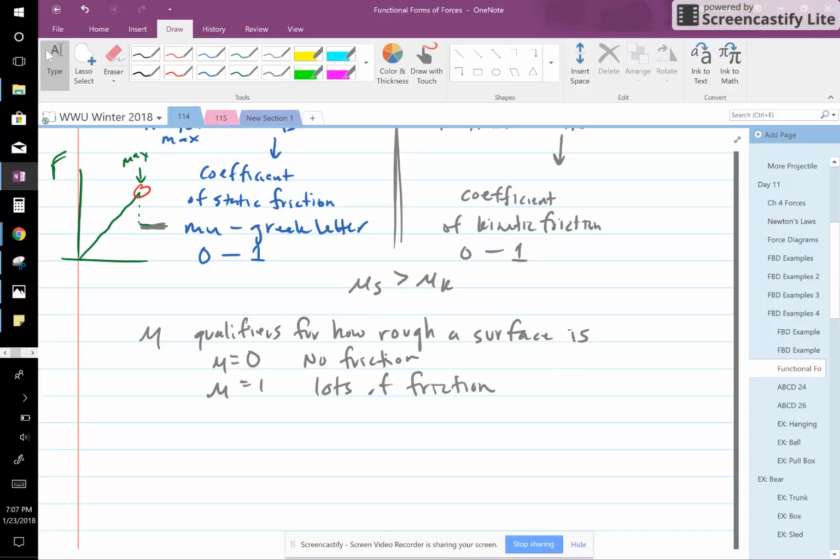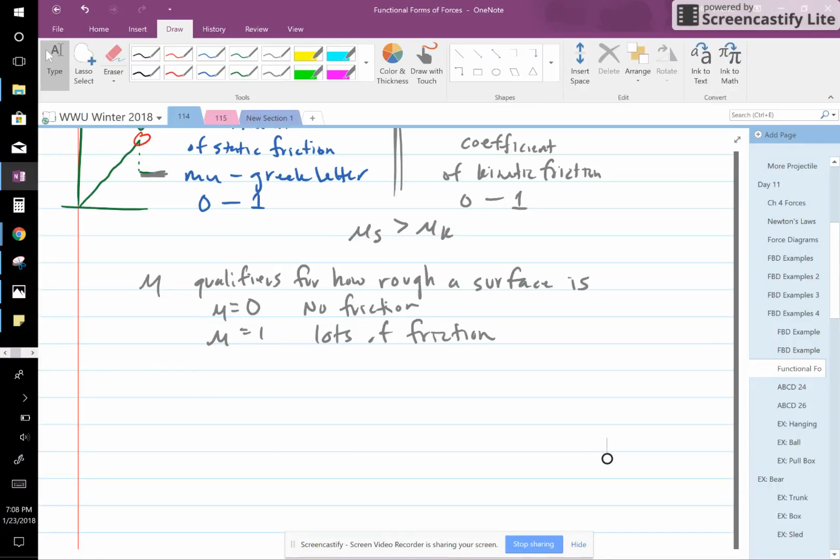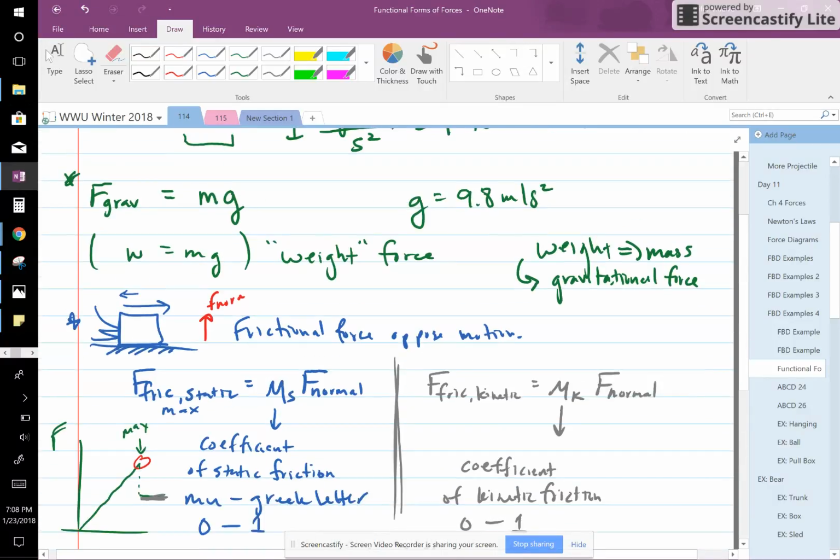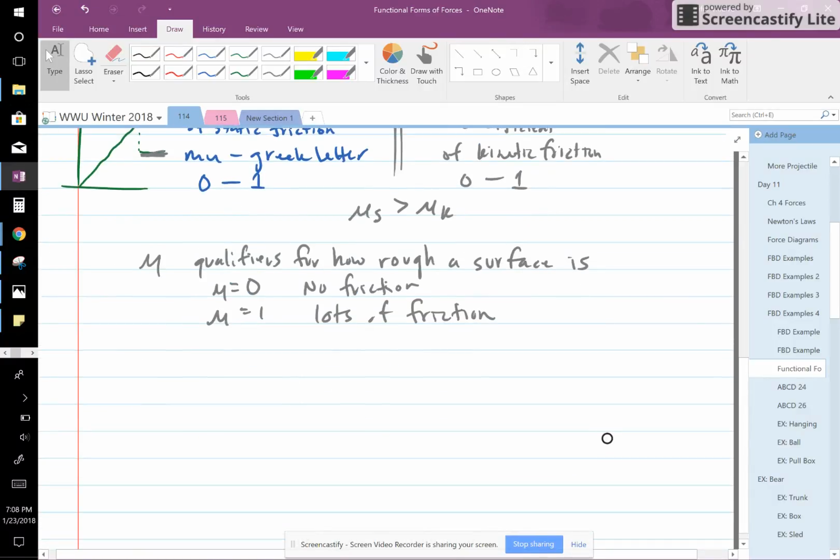Continuing on, the next force that also has a functional form is our spring force.